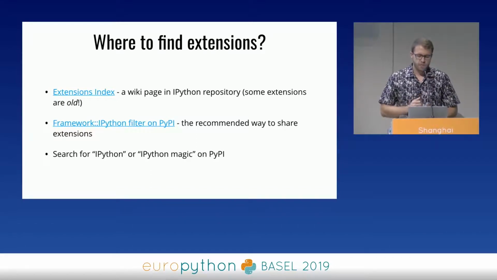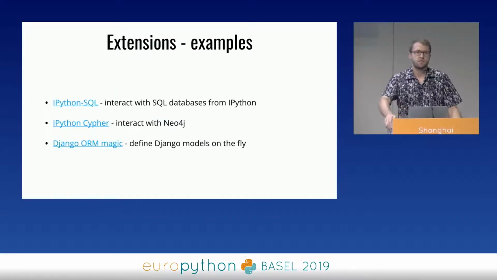And the second place to find extensions is PyPI. The IPython developers are actually recommending to put your extensions there and tag them with the IPython tag. But not everyone is tagging their extensions properly, so simply searching for IPython or IPython magic on PyPI can return you some more results. So what kind of extensions are people creating?